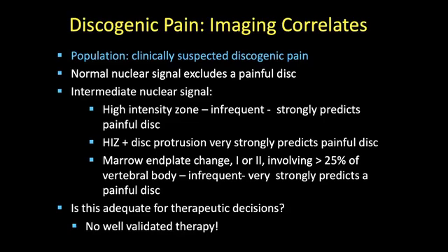There have been other studies that in combination with a disc protrusion, meaning a small contour abnormality, very strongly predicts a painful disc. And the modic changes, type 1 or type 2, also very strongly predict a painful disc. So that helps you make a diagnosis. Is this adequate for therapeutic decisions? Well, there's no validated therapy for this to test it against.